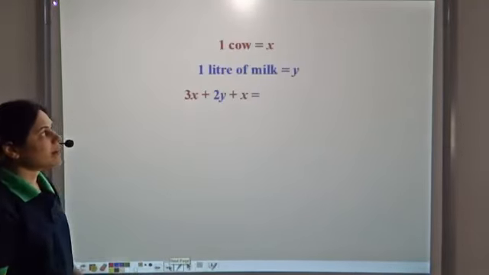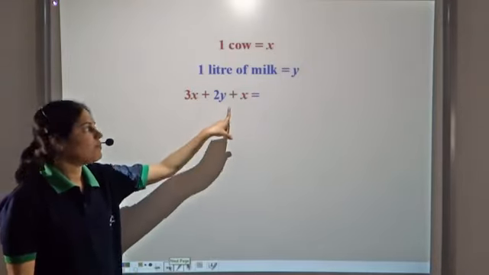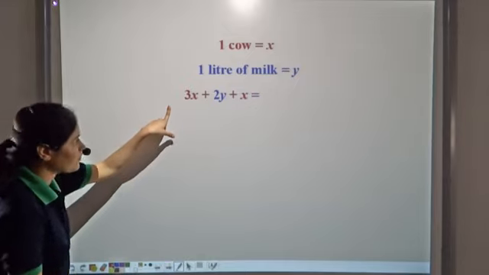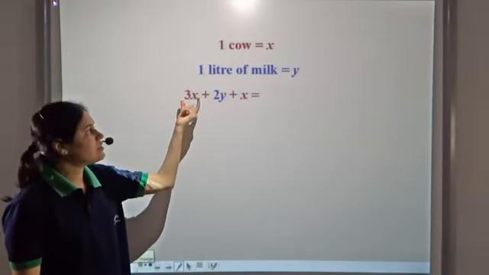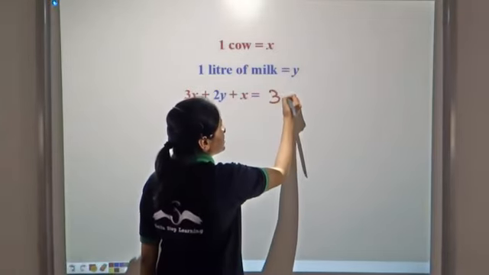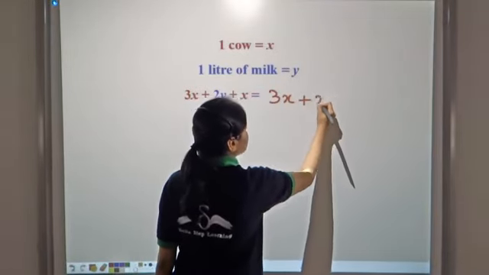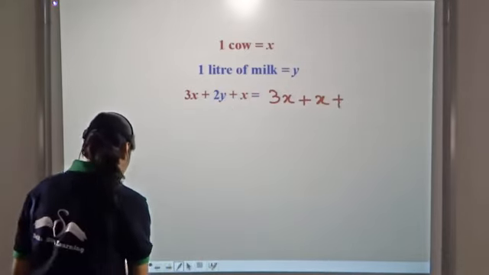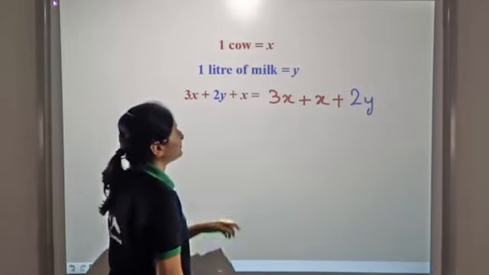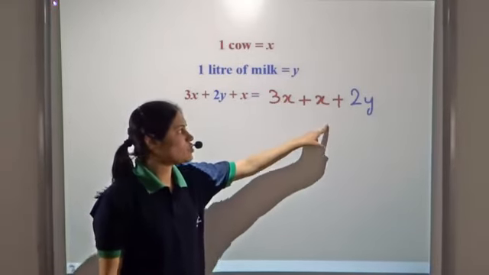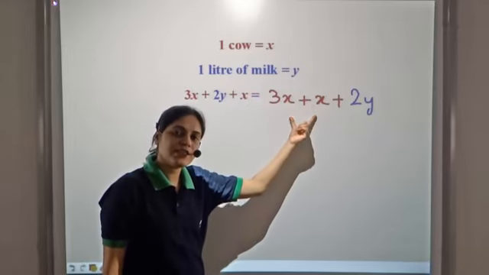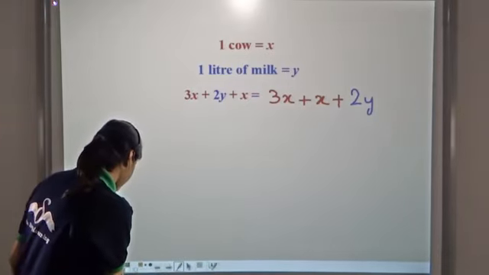Writing it in a simpler manner, we have 3x plus 2y plus x. Now over here, which are the like terms? 3x and x are the like terms. So we write it as 3x plus x plus 2y, where 2y is an unlike term. Now since these two are like terms, we can add these. How do we add these?